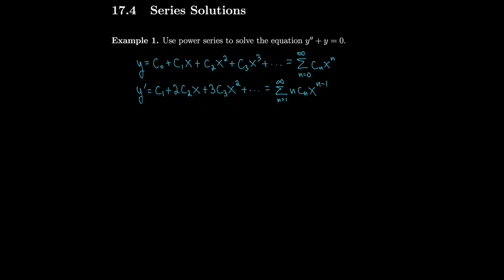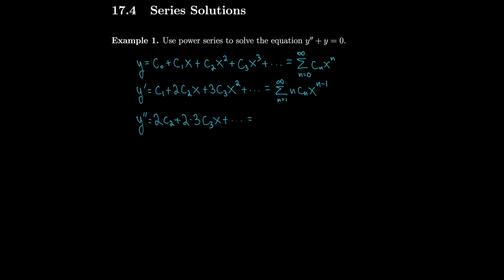Now let's also take our second derivative because in our differential equation we have the second derivative. So we'll get 2 times c2 plus 2 times 3 times c3 times x, and so on.